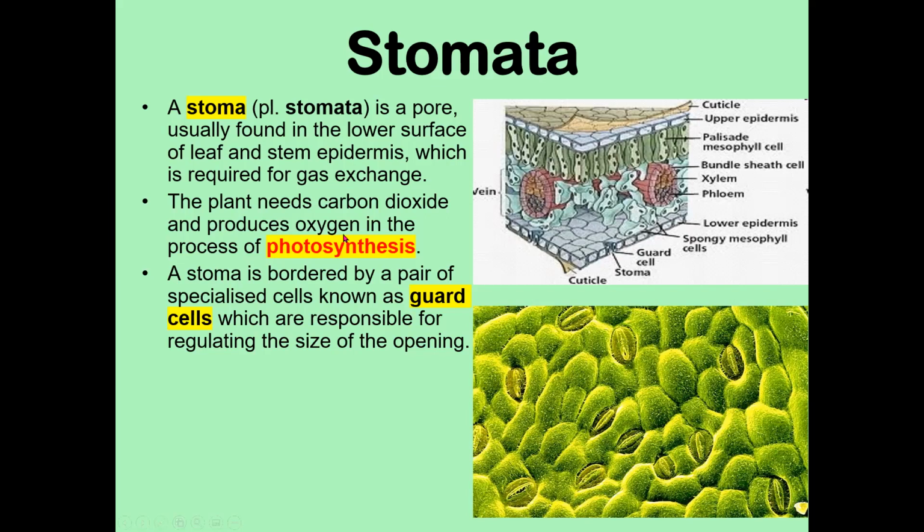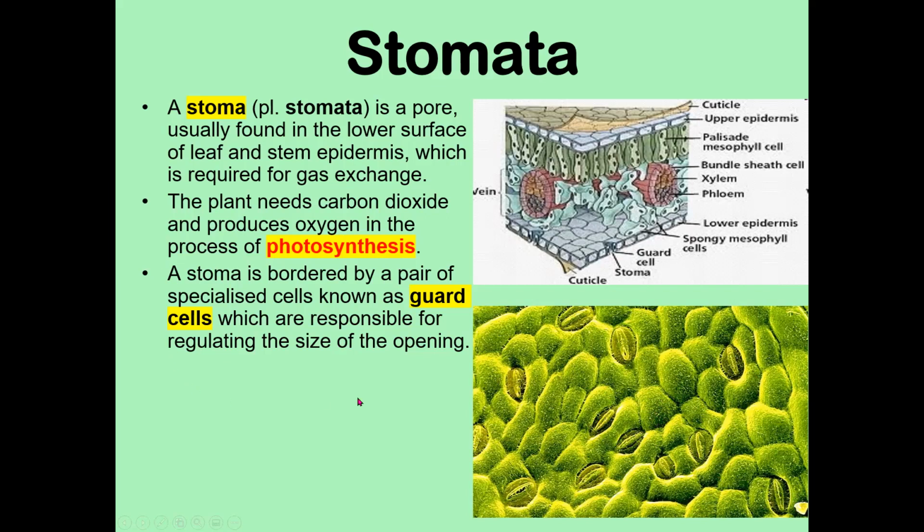So we need the carbon dioxide, which goes in through that. The oxygen leaves. And by the way, the plant doesn't make oxygen for us. It makes the oxygen for its own systems, its own metabolic processes, but it also produces more than it needs. And because of that, we are able to survive.